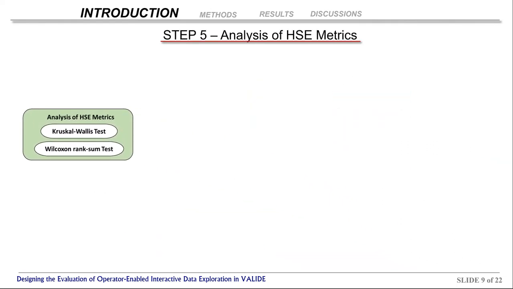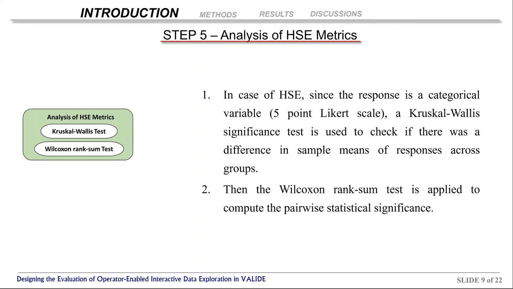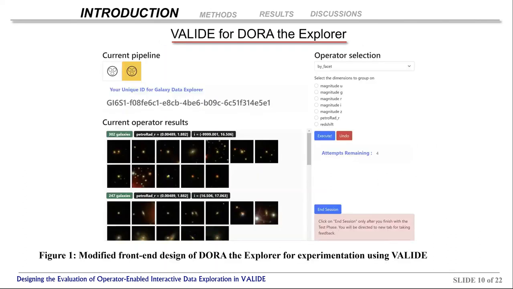For analysis of the HSE metric, since the response is a categorical variable, a Kruskal-Wallis significance test is used to check if there is a difference in sample means for responses across groups. Then, the Wilcoxon rank sum test is applied to compute the pairwise statistical significance.